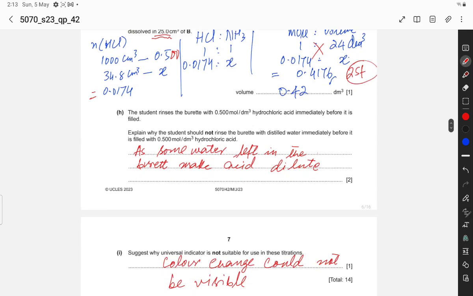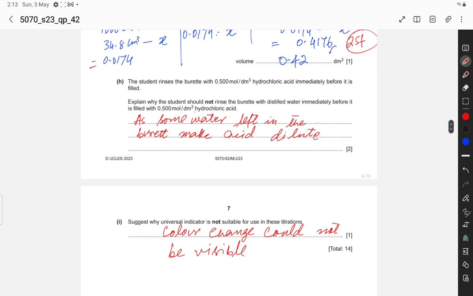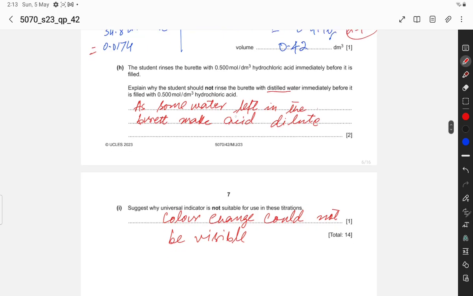The student rinses the burette with 0.500 mole per dm cube hydrochloric acid immediately before it is filled. Explain why the student should not rinse the burette with distilled water immediately before it is filled with 0.500 mole per dm cube hydrochloric acid. I have earlier told you that the burette is always rinsed with the solution which is used in it afterwards, not with distilled water.